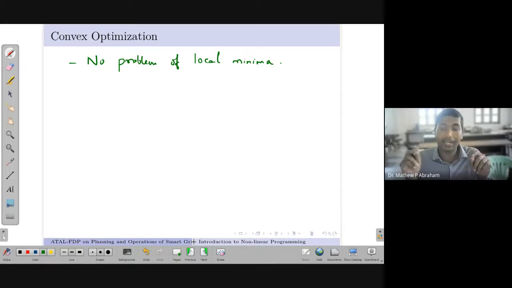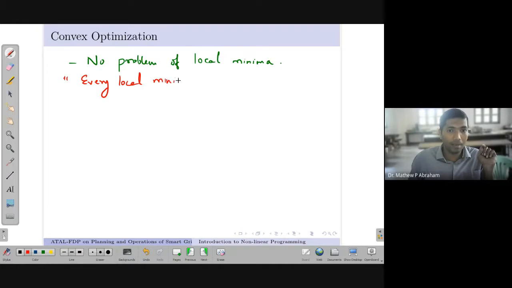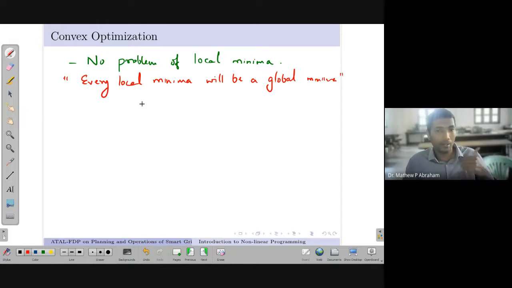The reason is that in the case of convex optimization problem, every local minima will be a global minima. So you don't need to worry whether it is a local minima or a global minima. If you have reached a solution, you can straight away say that that is actually a global minima. That is the significance of convex optimization problem.